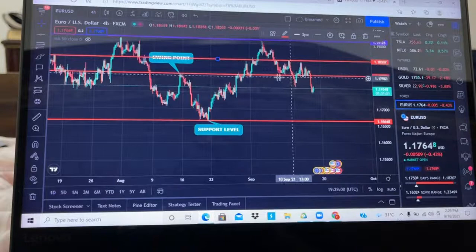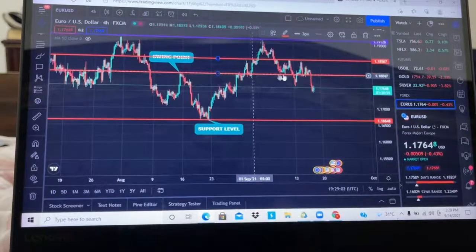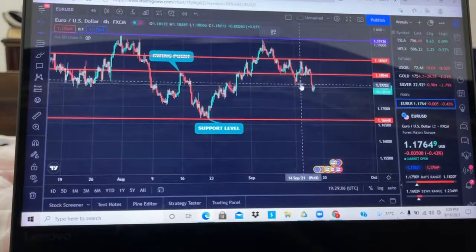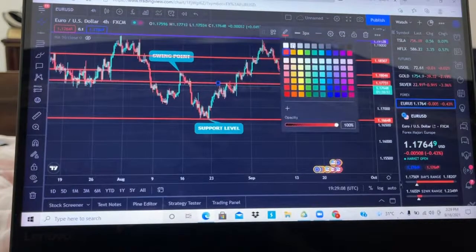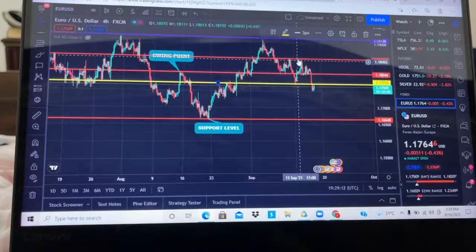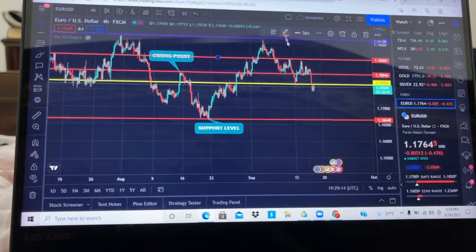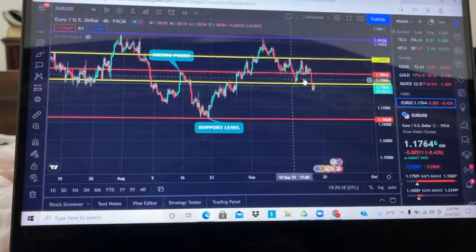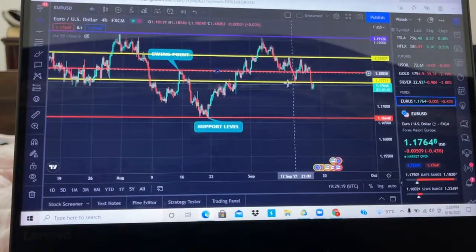Now if we were working with the most recent information, right here to right here, let me just change the color. Not to be confused, so the yellow would be the zone we would be working with now.